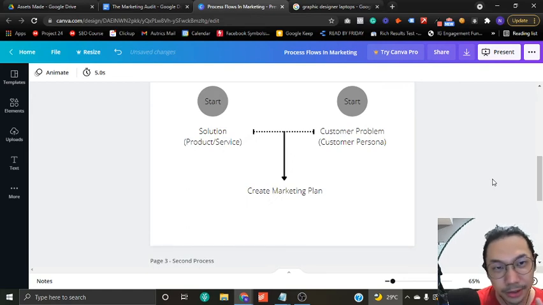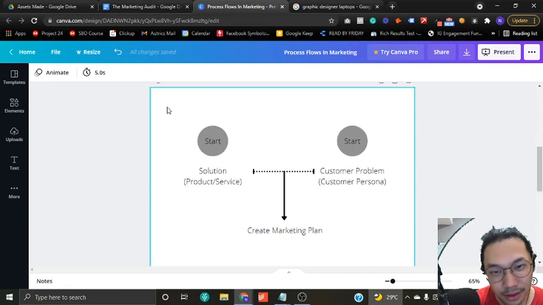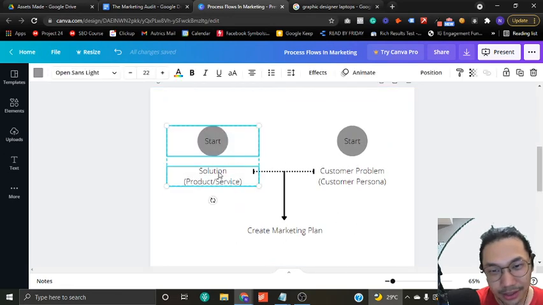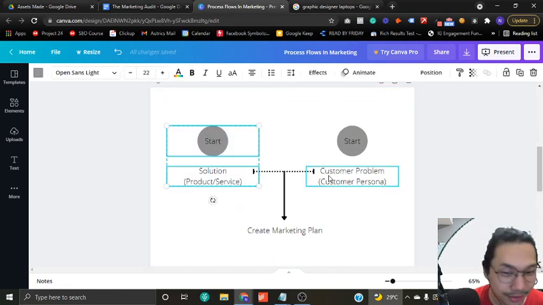Yes, so real quick, for the solutions, product and service, you can have another process flow for ideation, for the process of building that solution in the first place. That's kind of what manufacturers do.